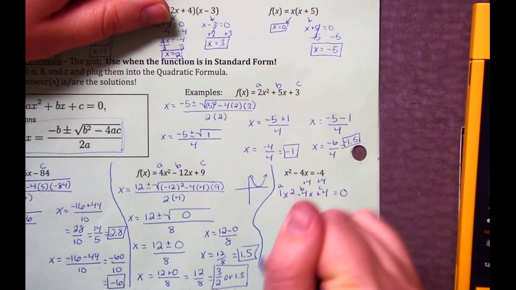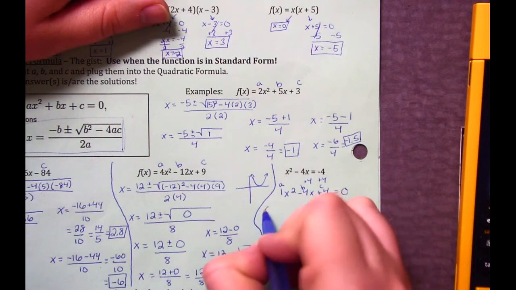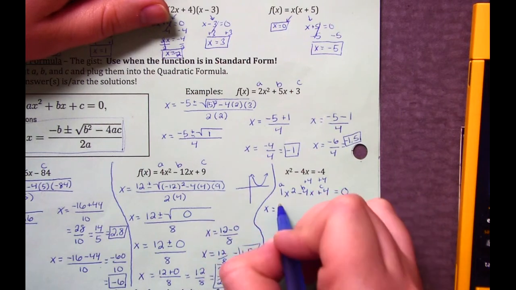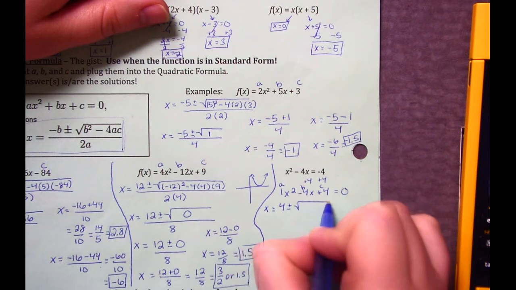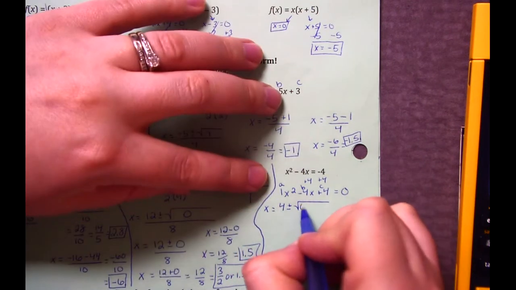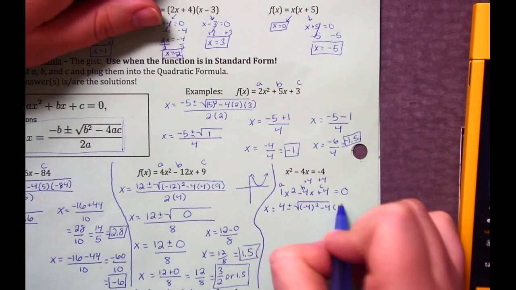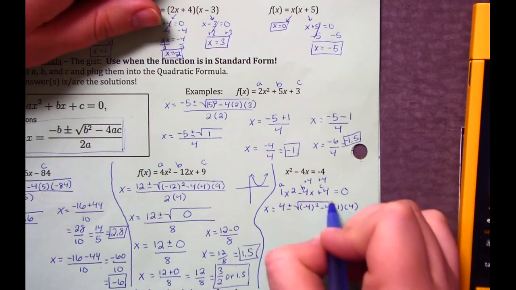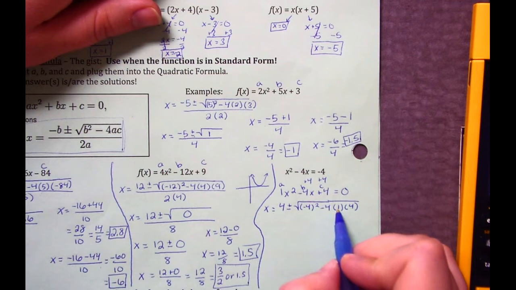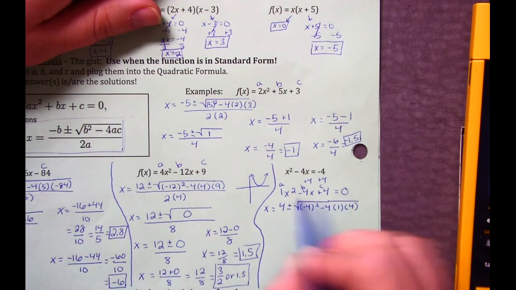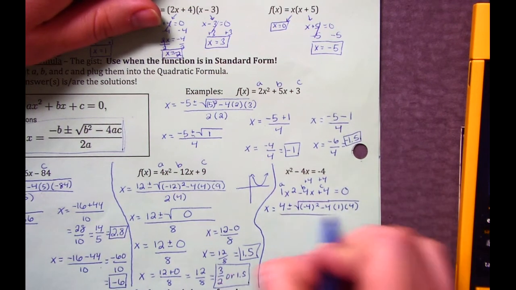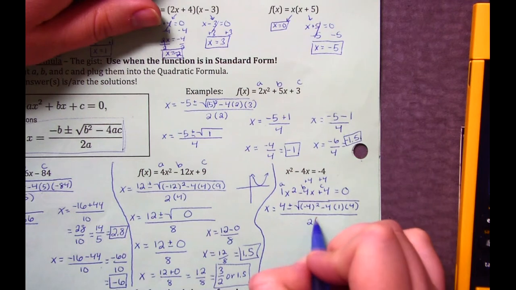So when I write the function, I have x equals the opposite of b, which would be a positive 4, plus or minus the square root of b squared, so negative 4 squared, minus 4 times a times c, and a is 1 and c is 4, get that from up here, all over 2 times a, which is 1.